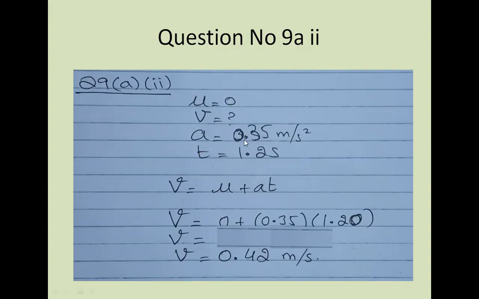Final velocity v is the question. Acceleration is 0.35 meter per second square. t is 1.2 seconds. v equals u plus at. That's from the definition of acceleration, a is v minus u divided by t, so v equals u plus at. u is 0, a is 0.35, t is 1.2. When you multiply them, you get the final velocity 0.42 meter per second. I hope you understand this.